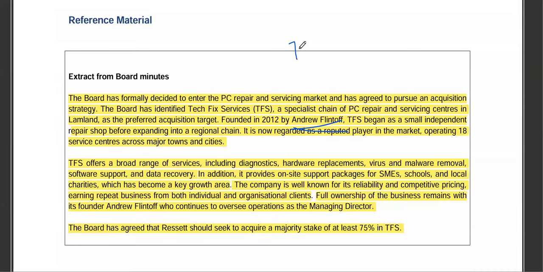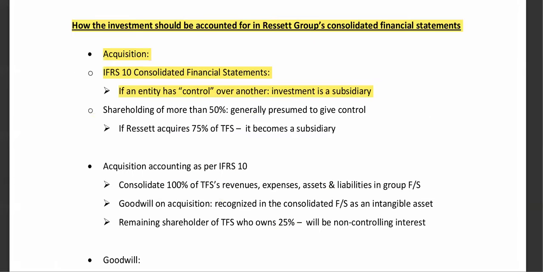So if we have 75% of the shares, that means we have majority control in the company, and we can account for this company as a subsidiary unless we enter into a contradicting shareholder agreement with Andrew Flintoff, which is highly unlikely. The whole purpose of investing in this company is to gain control, and therefore in your answers you can state that a shareholding of more than 50% is generally presumed to give control.